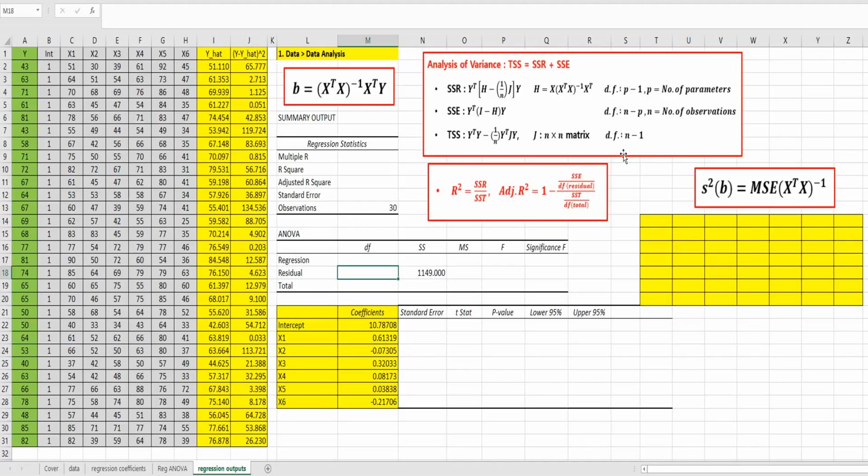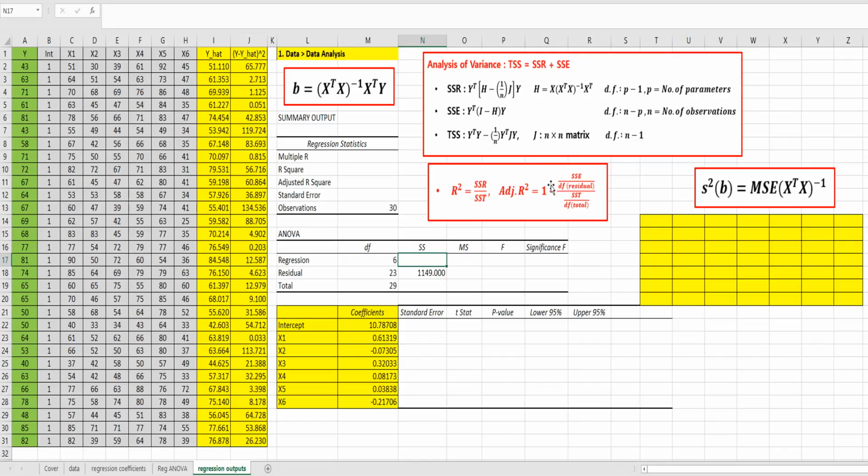Here n minus p. So sorry, there are 30 observations minus 7 regression coefficients. Okay. Total sum of square degrees of freedom is 29, and regression degrees of freedom is 7 minus 1, right? So 6 plus 23 must be equal to 29. Okay, and then sum of square of regression.